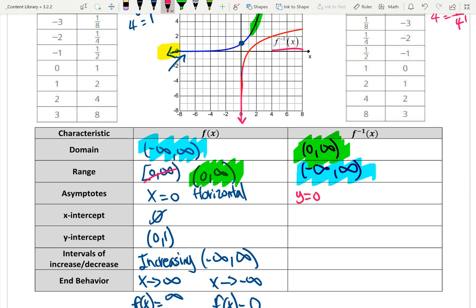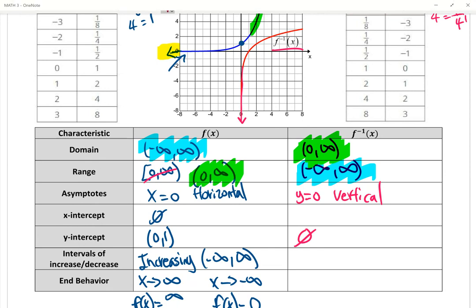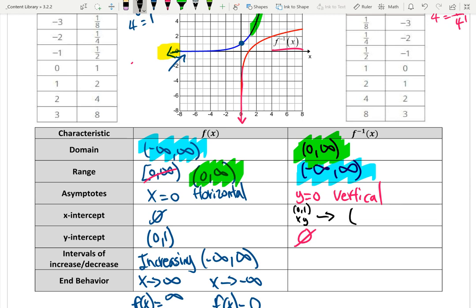That's why my asymptote is now vertical at the y-axis. No y-intercept anymore because the y-axis is now an asymptote, and I switch x with y, right? So originally, for 0, 1, it was x, y. Now it's going to be switch x and y. That's going to be where the asymptote is.